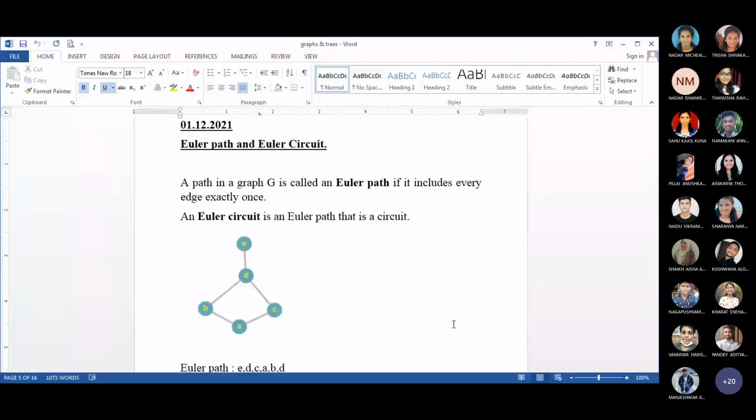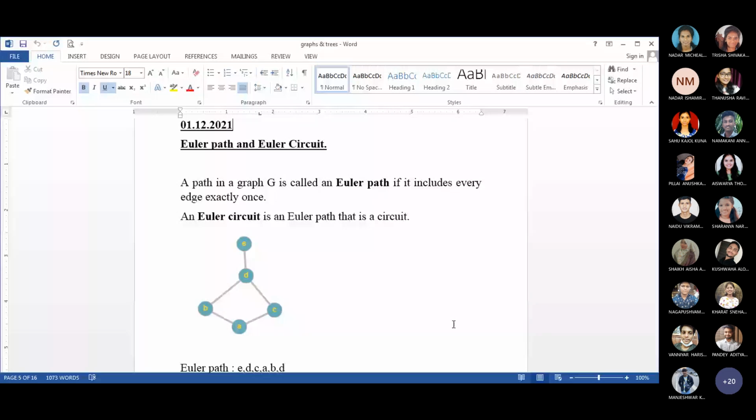Path means it's a sequence of vertices such that each vertex is adjacent to the next vertex, with a condition: no edge is selected more than once. Circuit means it's a path which begins and ends at the same vertex.